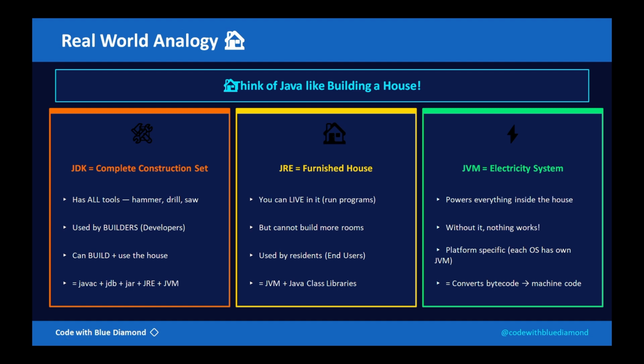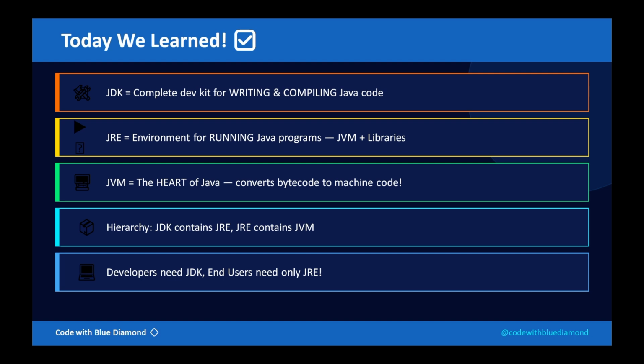Let us summarize what we learned today. First, JDK is the complete development kit for writing and compiling Java code. Second, JRE provides the environment for running Java programs. It contains JVM plus Java libraries. Third, we understood JVM, which is the heart of Java. It converts bytecode to machine code, so it runs on any system. Fourth, the hierarchy of JDK, JRE, and JVM.